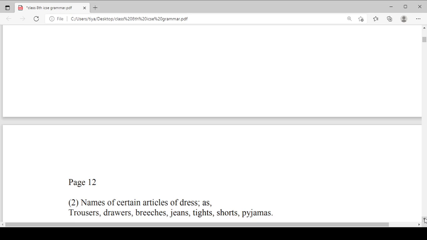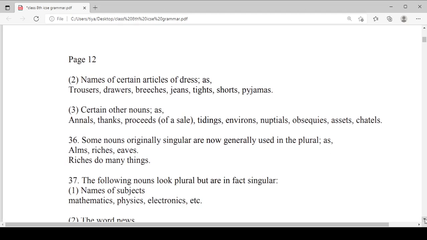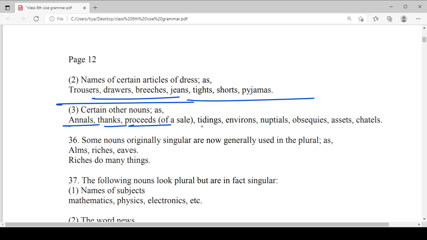Okay, so now names of certain articles of dress: trousers, shorts, breeches, jeans, as I told you, they have two parts. Okay, pajamas. That's why all these nouns use the plural form. Certain other nouns are annals, thanks, proceeds, tidings, environs, nuptials, assets, chattels.